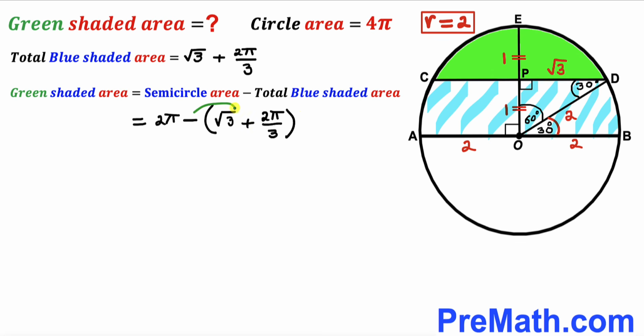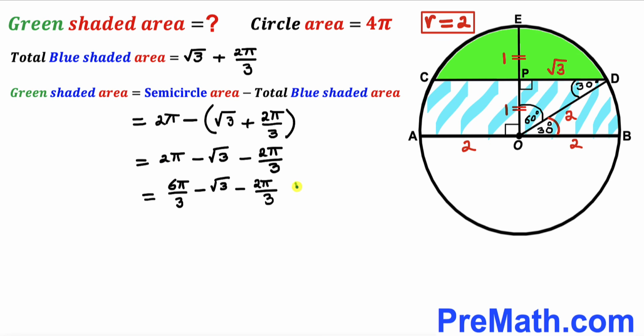And now we are going to distribute this negative sign. So therefore we could write 2 pi minus the square root of 3 minus 2 pi divided by 3. And now we are going to tweak this 2 pi. 2 pi could be written as 6 pi divided by 3, as you can see in this next step.